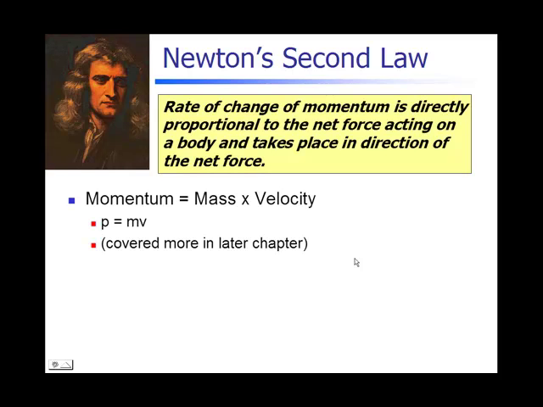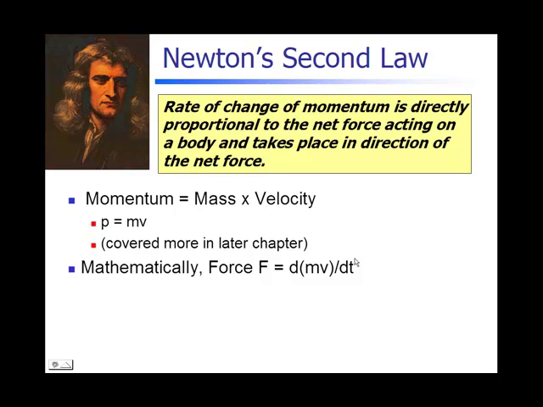So what is momentum? Momentum is actually the product of mass times velocity. Now we will cover momentum in more detail later on in the chapter, but for now what we need to know is that momentum equals m times v.